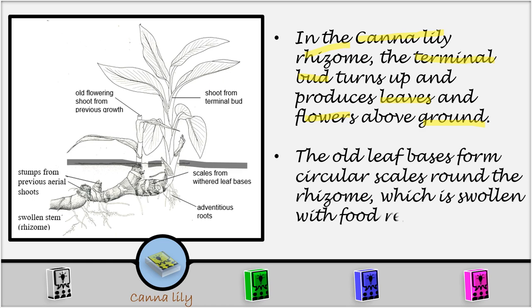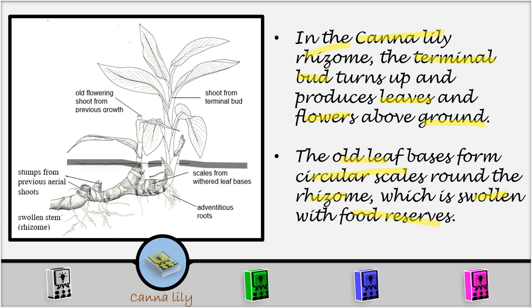The old leaf base forms circular scales around the rhizome, which is swollen with food reserve. So this one is our rhizome, which is swollen because it has food reserves. But again, we have the old leaves.